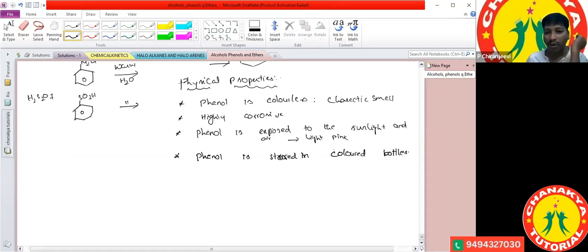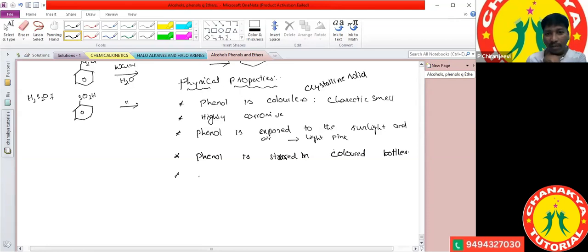Phenol is a colorless crystalline solid with a characteristic smell. It is highly corrosive, and when exposed to sunlight and air it is converted into pink color, so phenol is stored in a colored bottle.